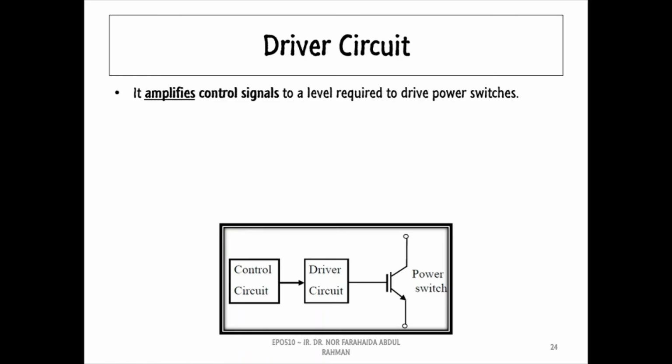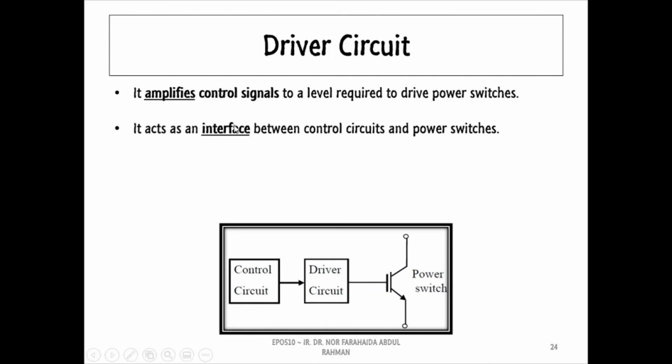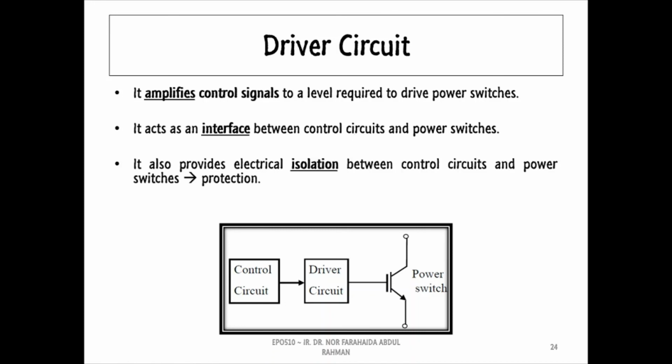To amplify the control signal generated by the control circuit to a level required to drive a power switch, we need a drive circuit. Hence, this circuit will act as an interface between the control circuit and the power switch. It also provides electrical isolation between the control circuit and the power switch for protection purposes.